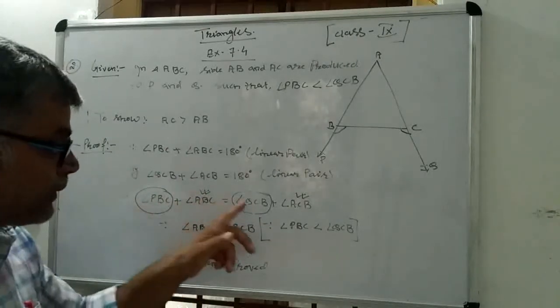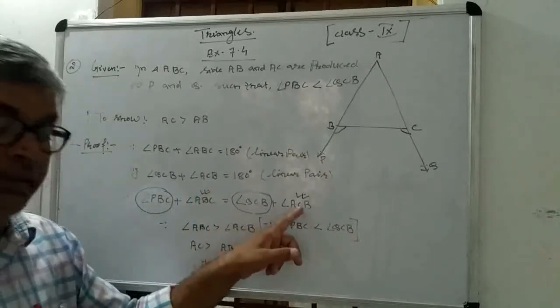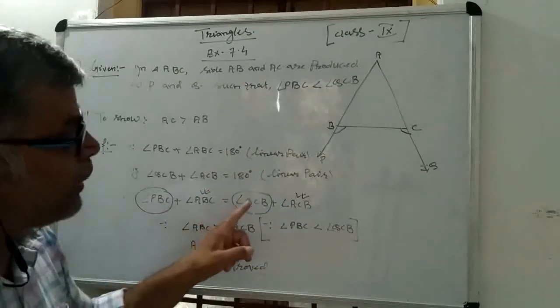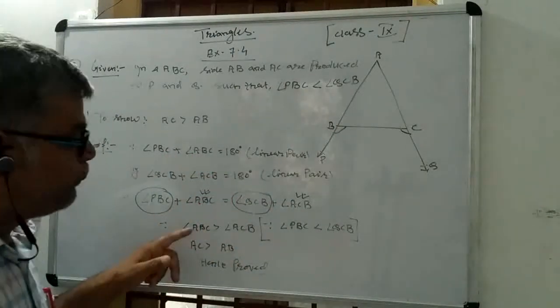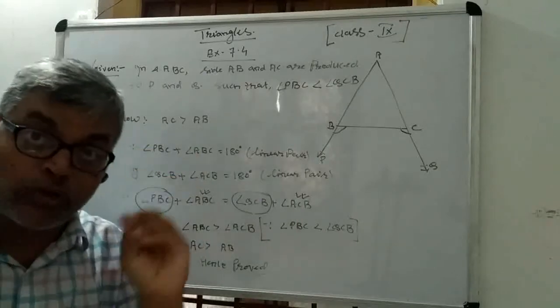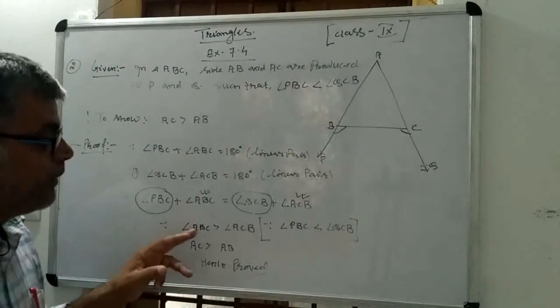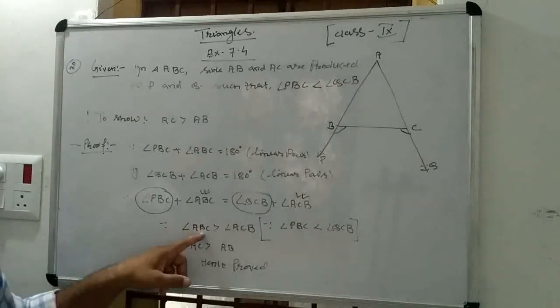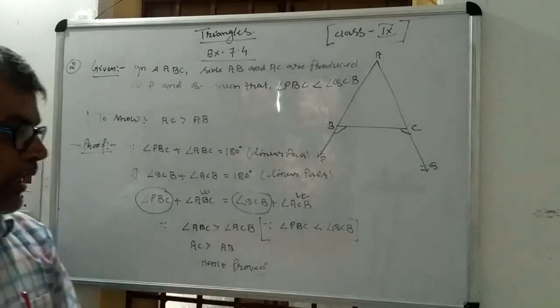So when this is smaller, this must be greater than this. Thereafter, the sum of these two will be equal to the sum of these two angles. You have to think logically. So we have concluded that angle ABC is greater than angle ACB.